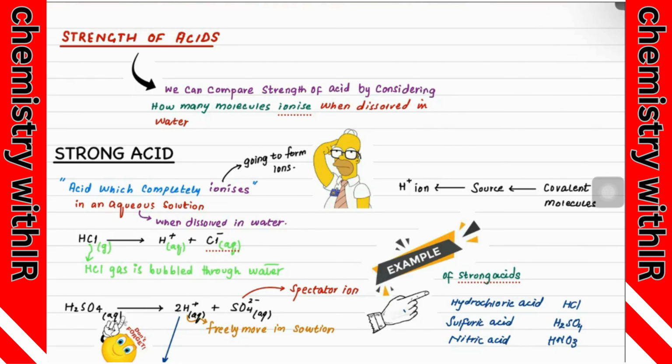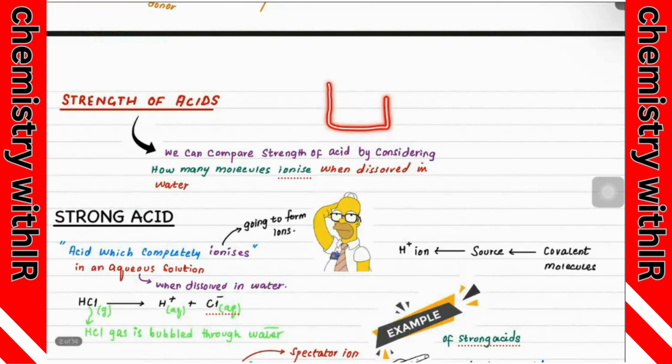We have to dilute it so that it can become less corrosive. But still, this is a question: how are we supposed to add water to an acid? Should we add water in acid or acid in water? These are different things. Let's suppose I have two beakers. In this one I have acid and in this one I have water.